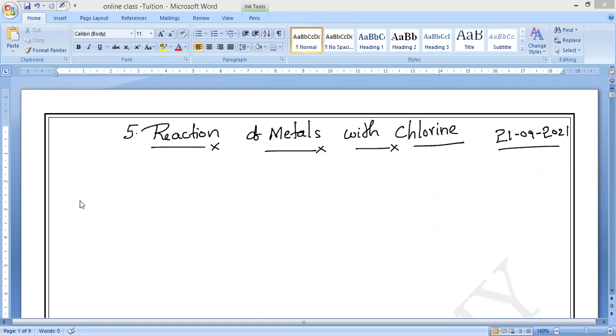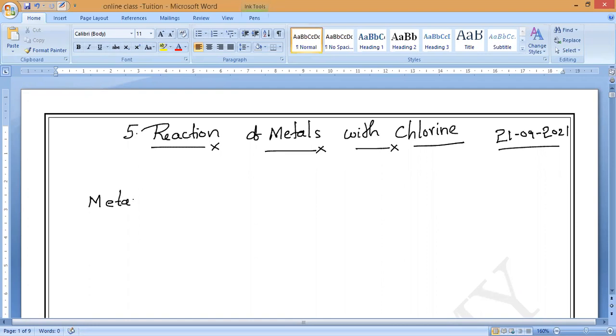What is the general equation for a salt solution reaction? Reaction of a metal plus a salt solution. Let me take one metal, metal A. It will react with another metal, which must be in a salt solution. Yes or no? Please respond.